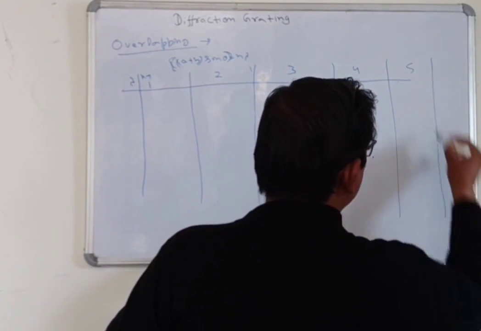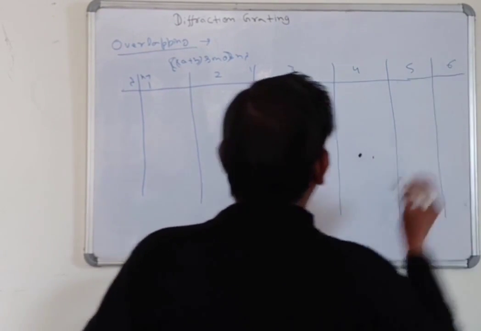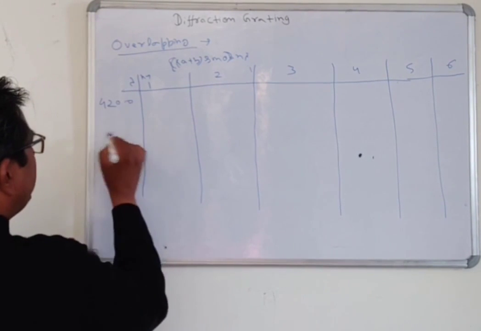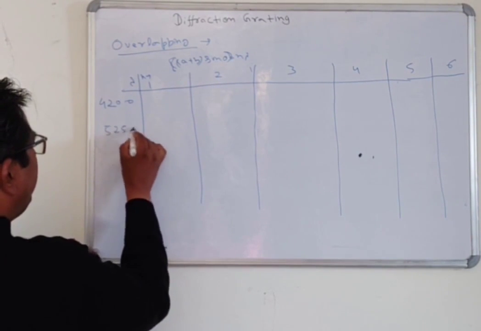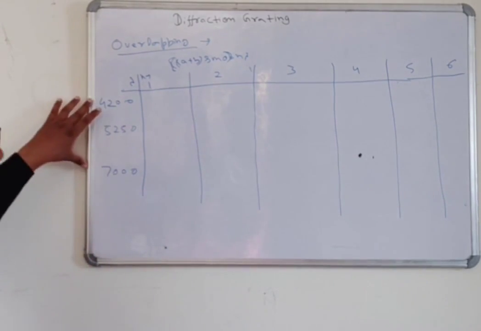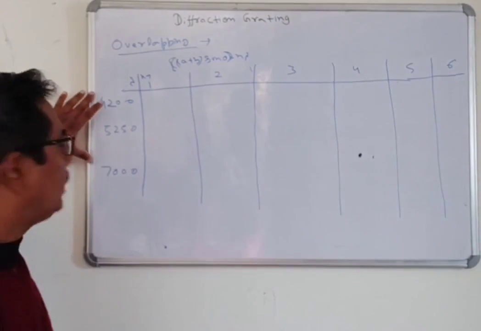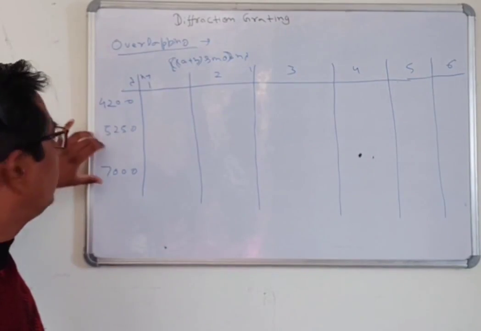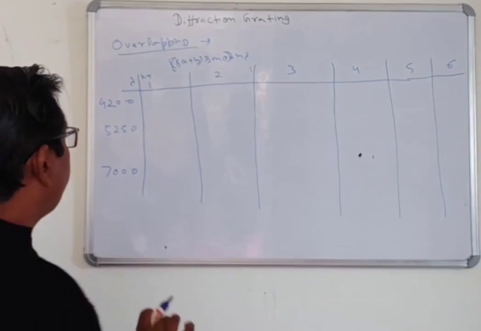5 and 6, and the wavelength, suppose we consider the range 5 to 50 and 7000. Here we will consider the wavelength in the range of the visible. Here the lowest wavelength and the maximum wavelength, and in between any wavelength. Okay, fine.